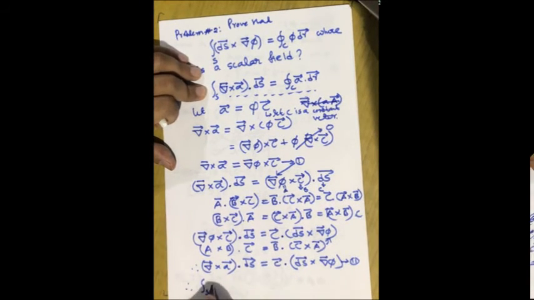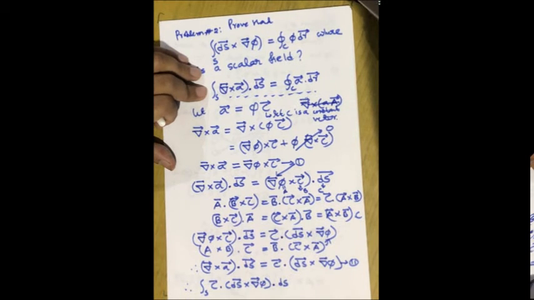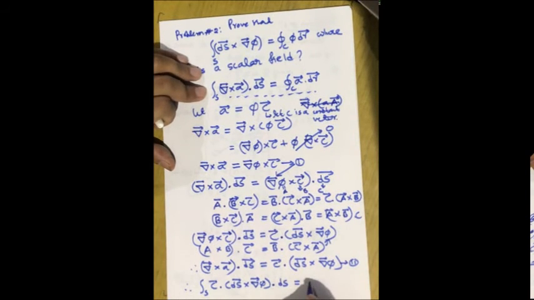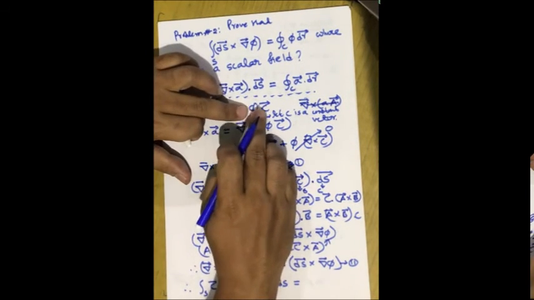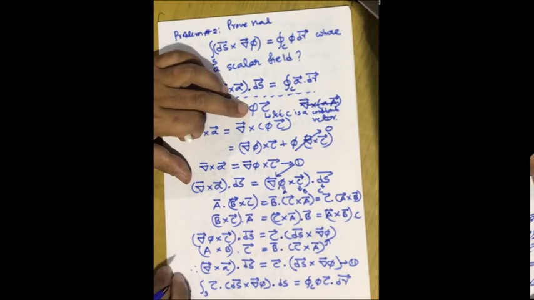Surface integration C dot ds cross gradient of phi dot ds will be equal to, since vector A is equal to phi C, the line integration phi C vector dot dr vector. Okay, we can write like that.